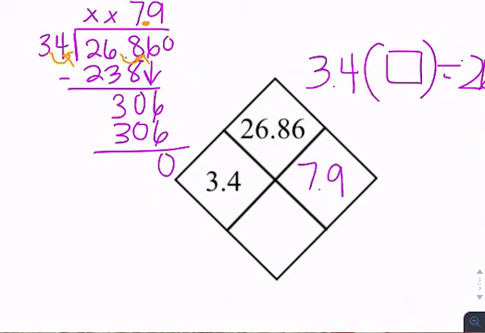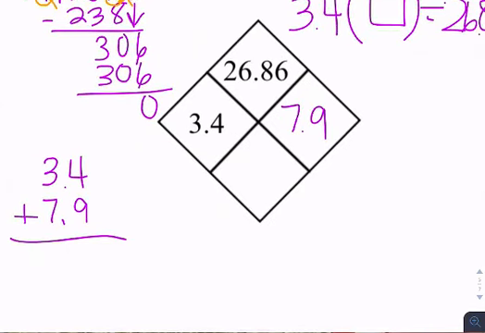There we go. All right, and then to get the bottom, we add. So 3.4 plus 7.9, and we add up our decimals, making sure we've lined them up. So 9 plus 4 is 13. Carry the 1. We get 7 plus 3, 11. So 11.3.